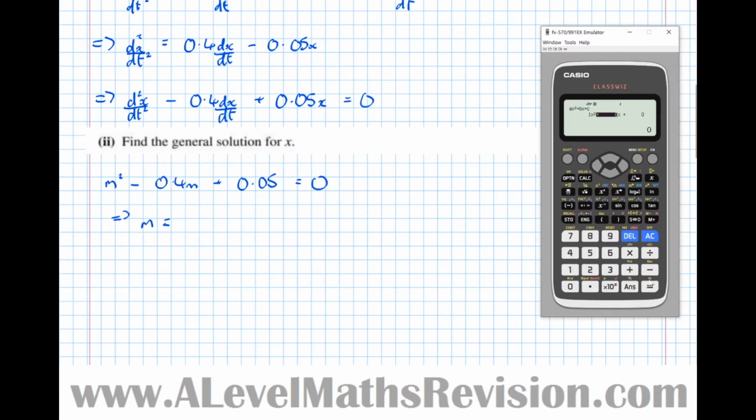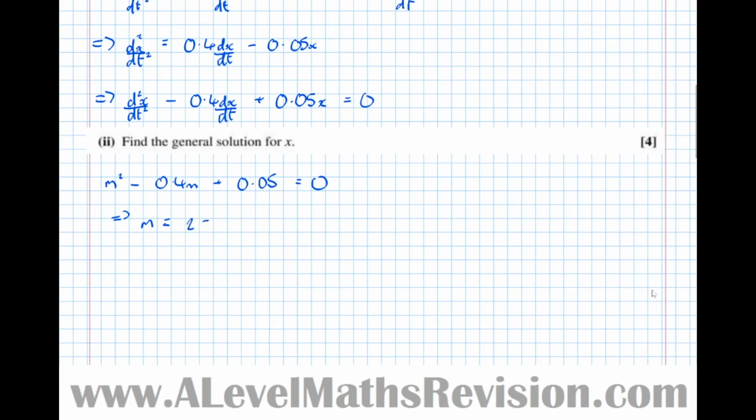So we've got 1m squared minus 0.4m plus 0.05. We get that m equals 2 plus or minus i over 10, or we can rewrite that as 0.2 plus or minus 0.1i.